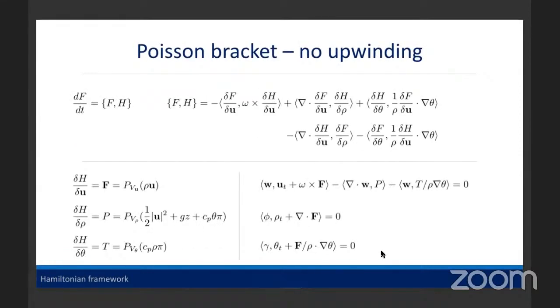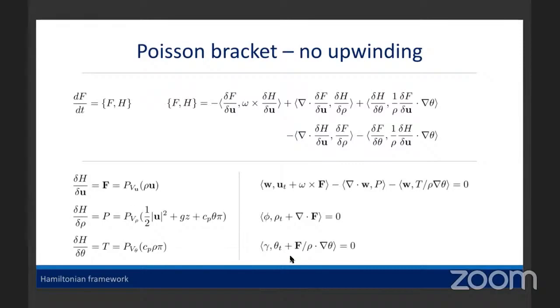Right, so we can plug this in straight away in our compatible finite element framework with this bracket. And now after the discretization, the difference is that my variational derivatives are now projections into the finite element spaces. So now I don't have the flux, rho times u, but the projection of the flux into the velocity space, and we call it f.